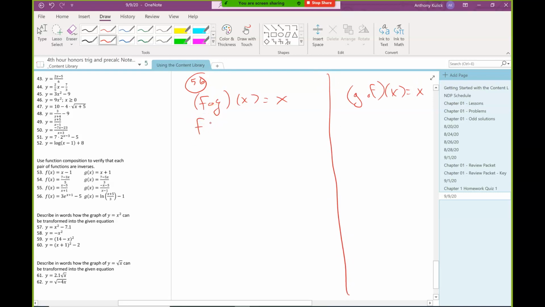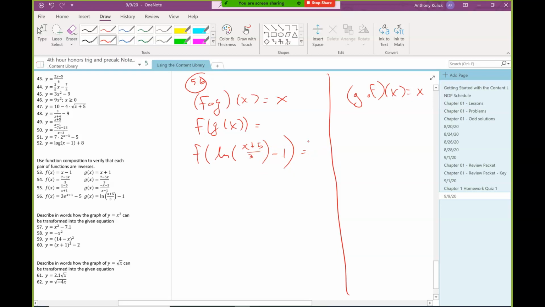So for the first one, I know that f compose g is the same thing as f of g of x. Okay with that? That's just the definition of composition of two functions. And now I'm going to just replace g of x with the expression that it's equal to. So that's natural log of x plus 5 over 3 minus 1.